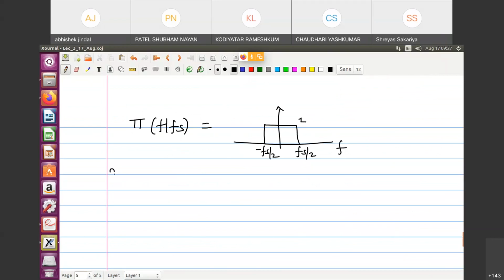So now shift t by n by fs. If we do that, then think of sinc of fs into t minus n by fs.